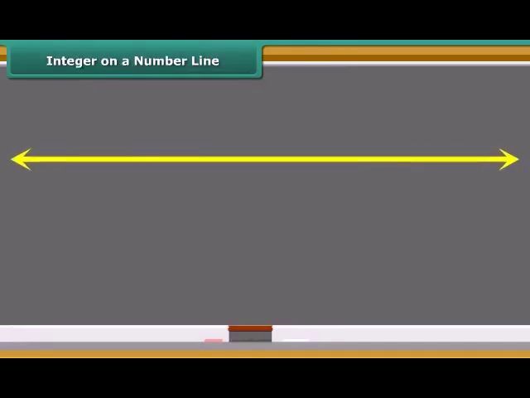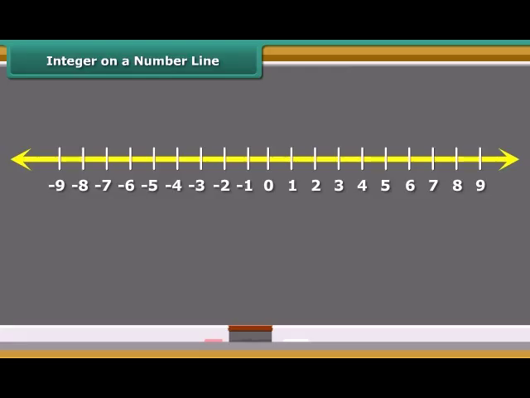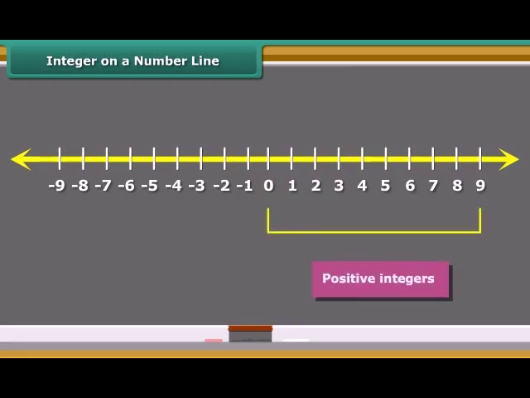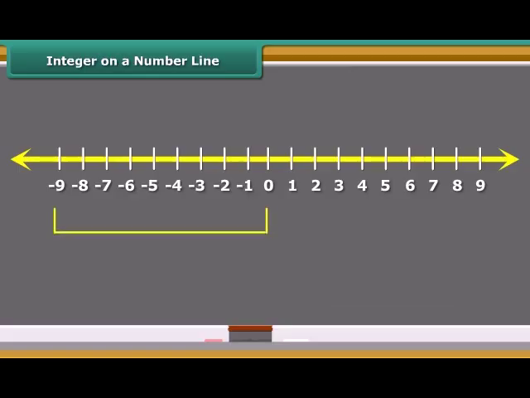This figure represents a line marked with some points at equal distance. A point on it is marked as 0. Points to the right of 0 are positive integers. Points to the left of 0 are negative integers and are marked -1, -2, -3, and so on.